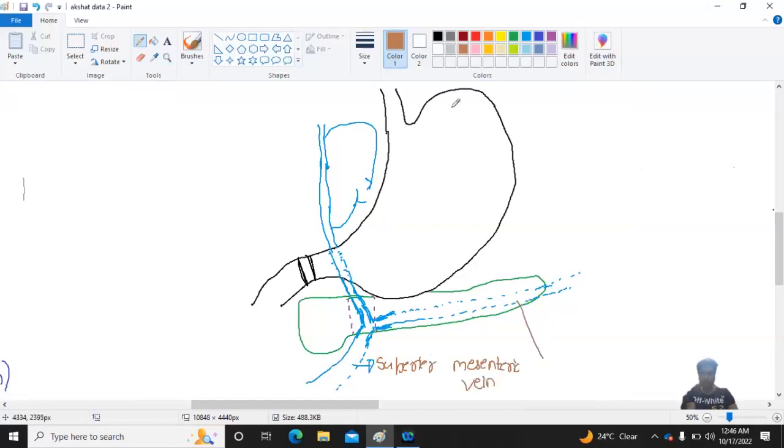From here, the inferior mesenteric vein also comes. This is the inferior mesenteric vein.